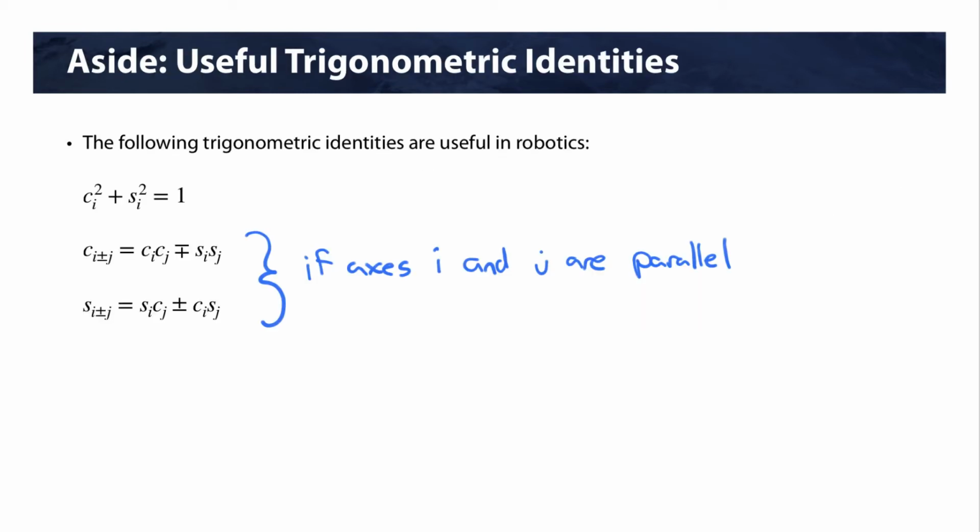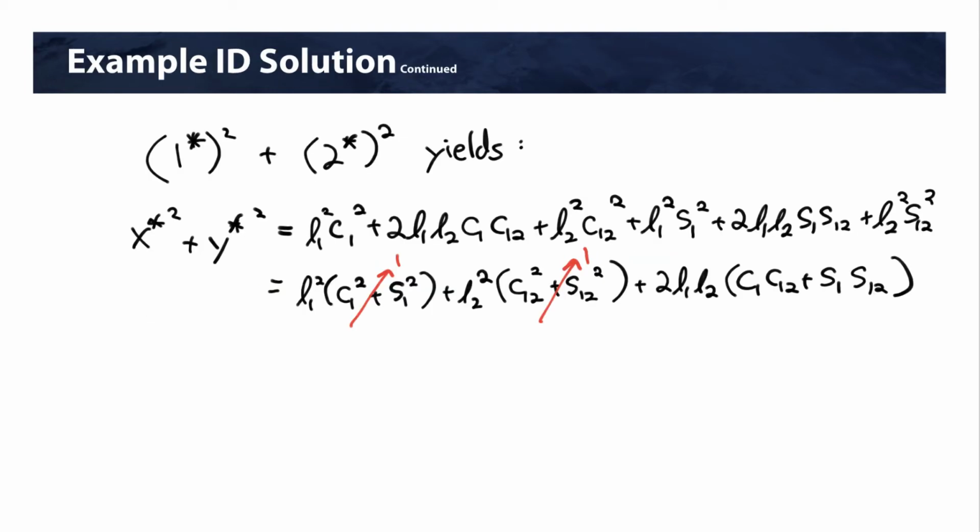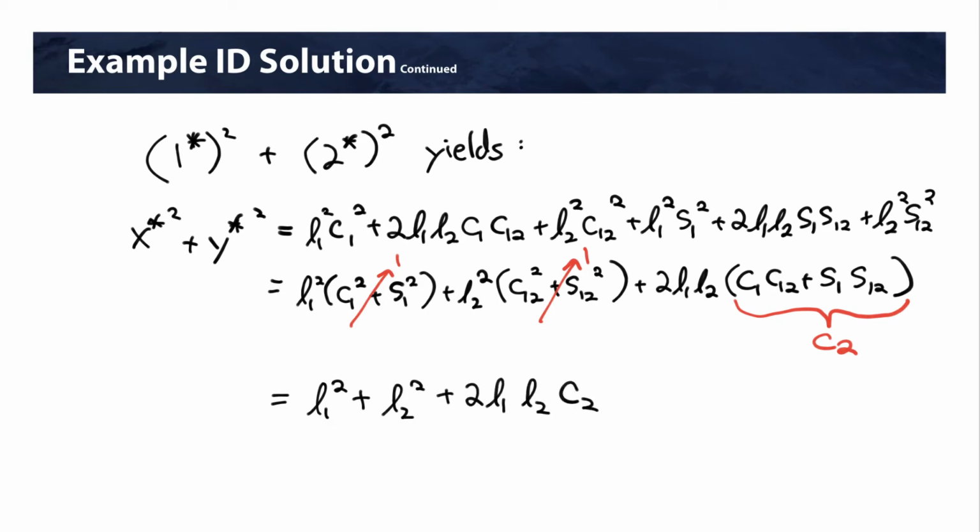Again, if we go to our trig identities, we have this trig identity here, and what our bracket term simplifies to is just C2. So we now have L1 squared plus L2 squared plus 2 L1 L2 C2. So we now have one equation in terms of one unknown, theta 2.